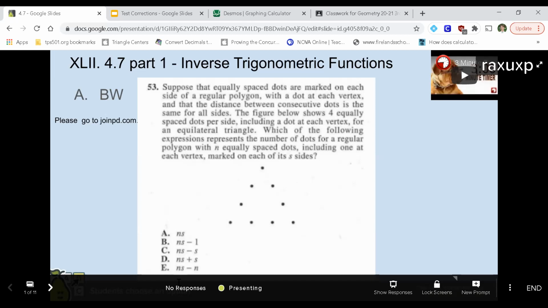Which of these expressions would represent the number of dots for any regular polygon with n equally spaced dots, including one at each vertex, marked on each of its s sides? Look at that. I'll give you 3 minutes to try that one, and then we'll go over it, and then we'll do footprints in part 1.